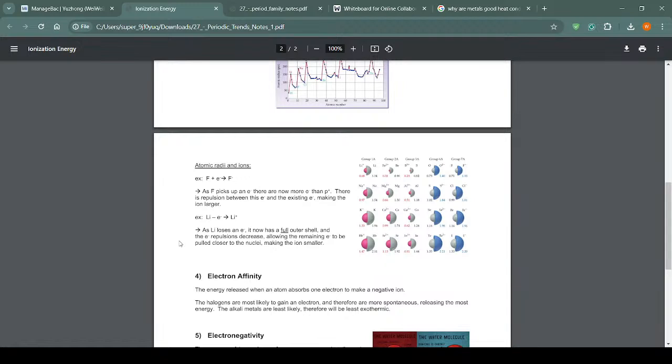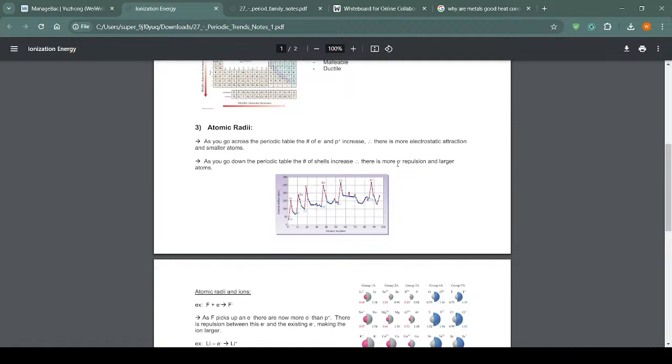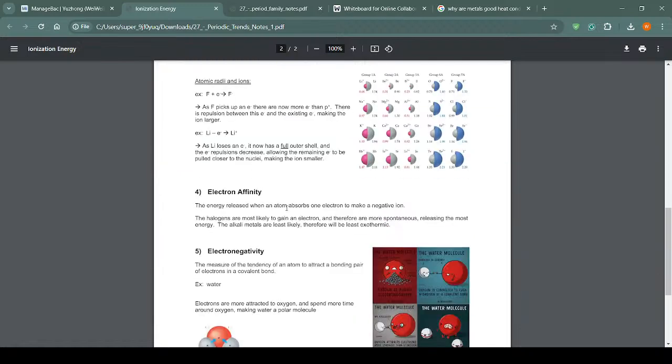As lithium loses an electron, it has a full outer shell and the repulsion decreases, therefore the ion becomes smaller. Okay, so with determining atomic radii, you have to look at the attraction between the protons and the electrons, but with ions, you need to look at the repulsion between the electrons.